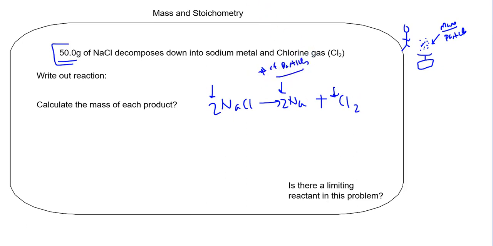When you talk about it in those terms, you should note that this weighs 50 grams, so over here we should have 50 grams. But does that mean that, since there's 2 of these and 1 of these, there should be twice as much mass here and half as much mass here?